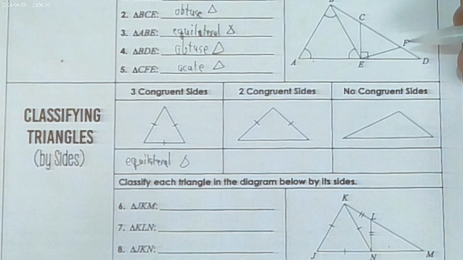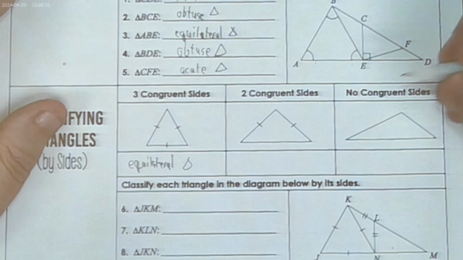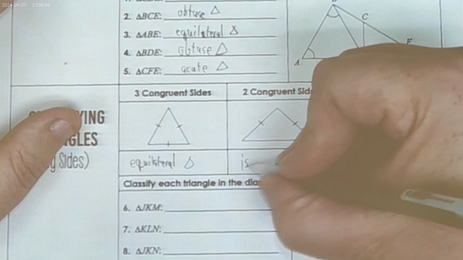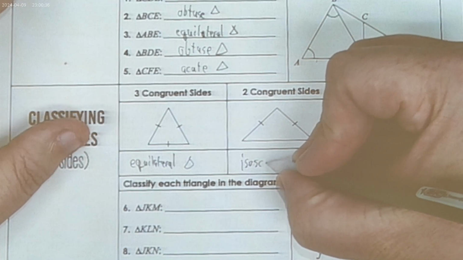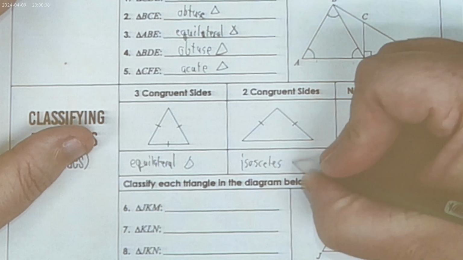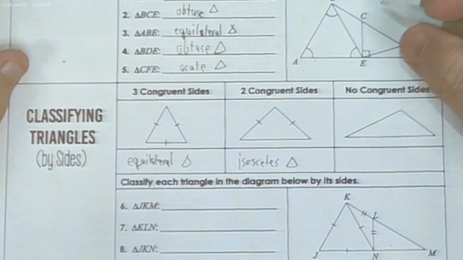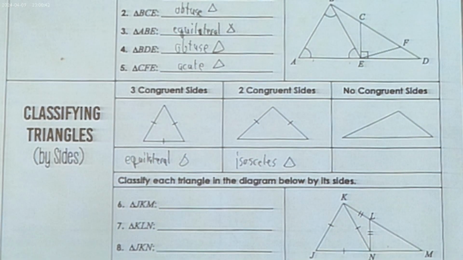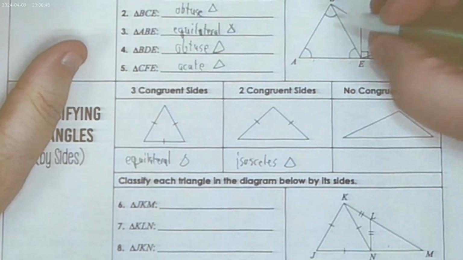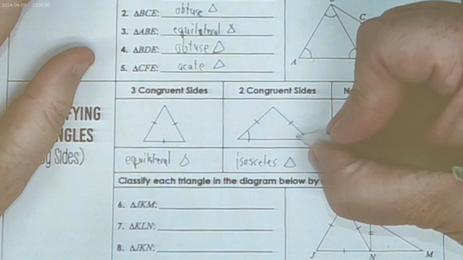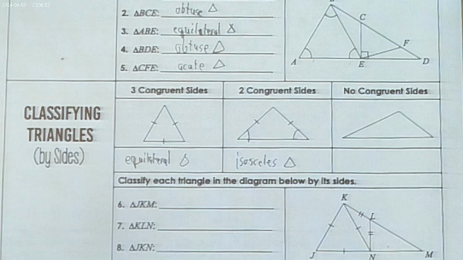If you have two congruent sides instead of three, you have what is called an isosceles triangle. You're definitely going to want to check the spelling on that. That means you have two congruent sides, which, as you probably guessed, means that you have two congruent angles.